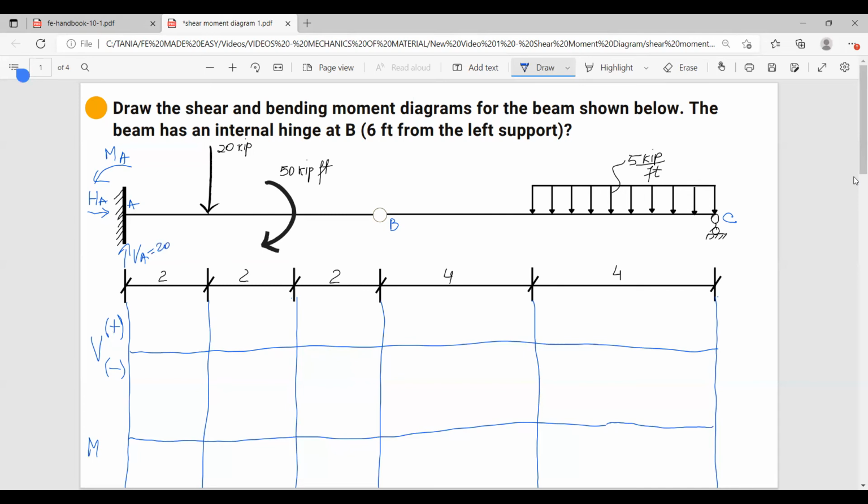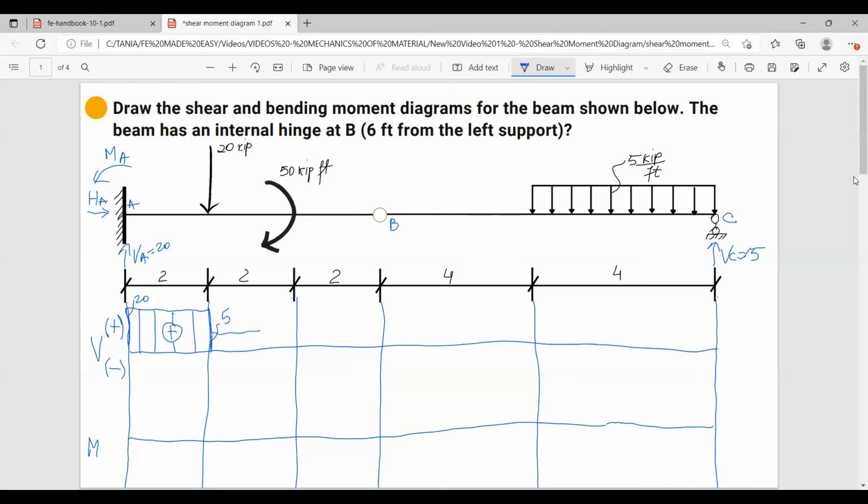Here VC was 15. So in here we went up with the value of 20, and then the diagram was constant. This is positive. And then we have to go downwards 20 kips, which means I'm going to be left with 5 kips here.